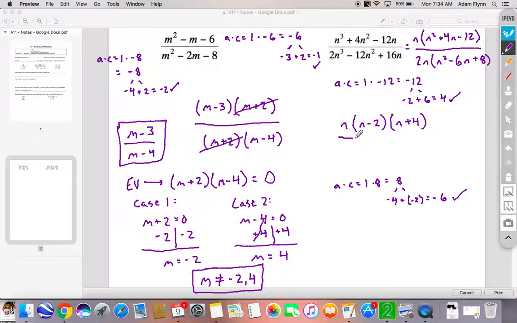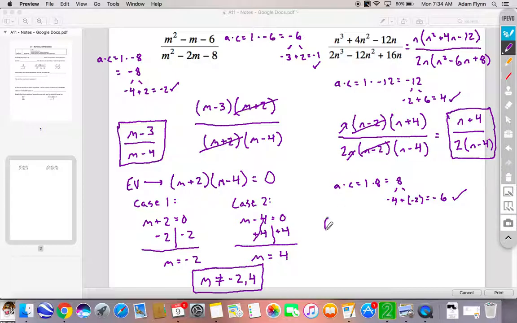So I can rewrite my denominator as 2n times n minus 2 times n minus 4. Okay, so now I can see what I can cancel. I can cancel out an n minus 2. I can also cancel out an n. So my final simplified rational expression is going to be n plus 4 divided by 2 times n minus 4.